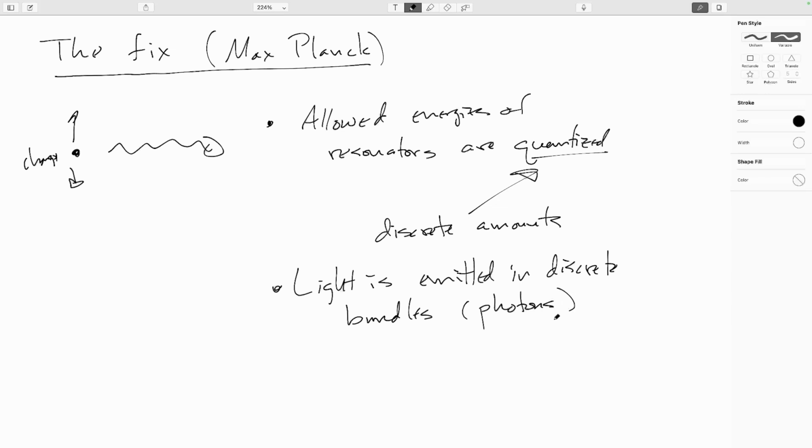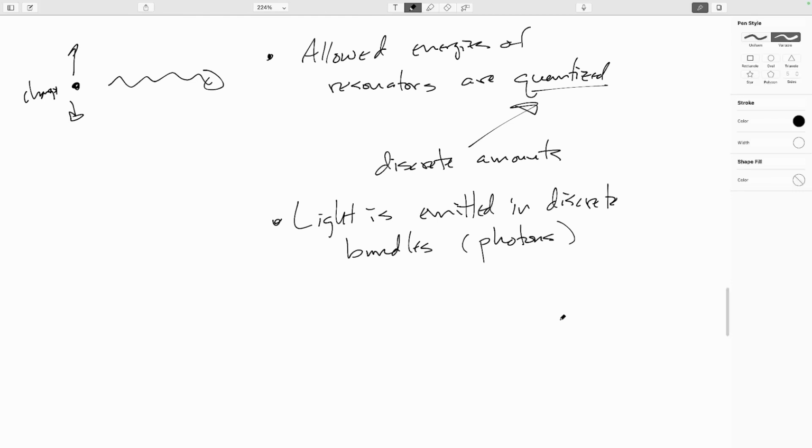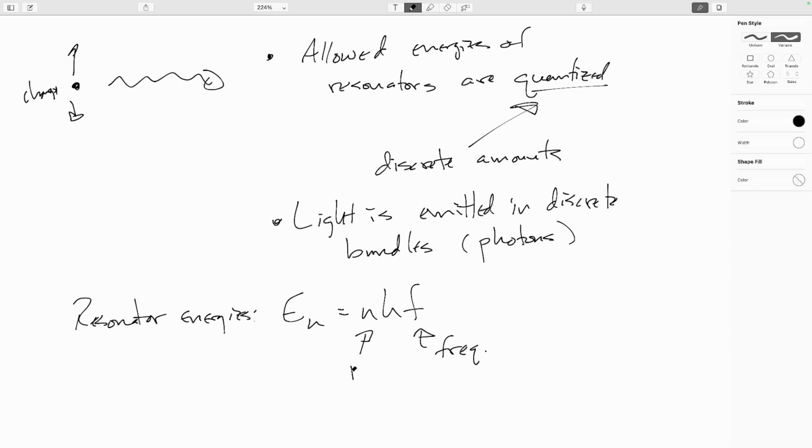So the allowed resonator energies, says Planck, will be nhf, where f is the frequency of oscillation and n is the principal quantum number. In this case, we'll just say the quantum number. So n is allowed to be 1, 2, 3, etc.